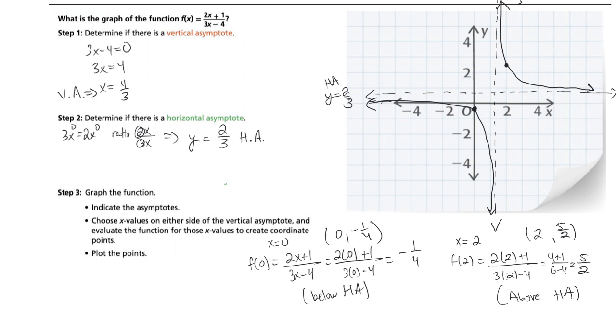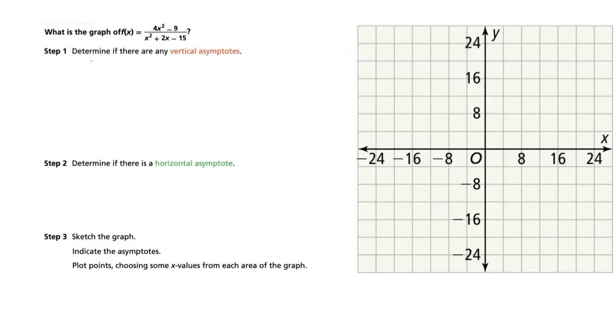And we'll go through one more. All right, so we'll do one more example of graphing these together. Determine the vertical asymptotes, horizontal, and then we'll test x values and graph the functions. So we're going to set our denominator equal to 0. Factor it out.